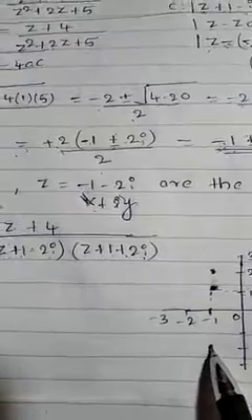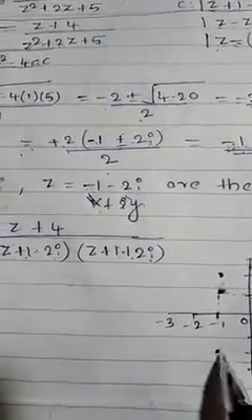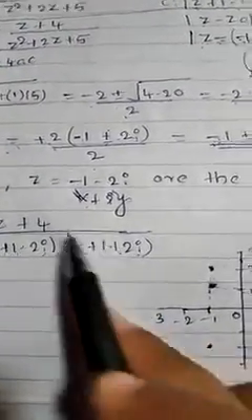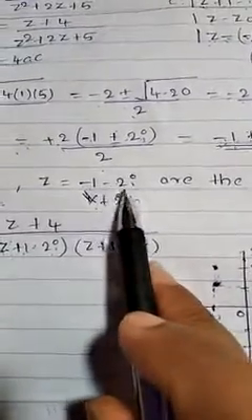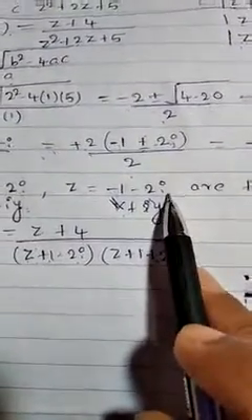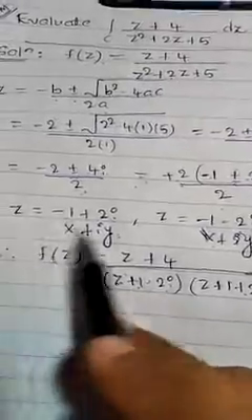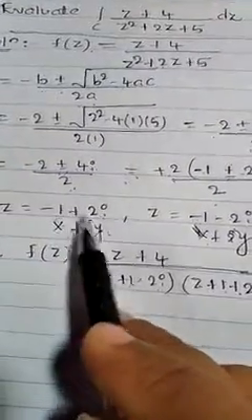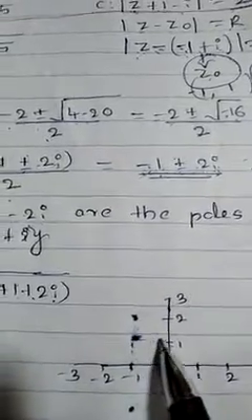Therefore there is no need to calculate the residue. Directly we write the residue at z equal to minus 1 minus 2i is equal to 0. We just need to calculate the residue at z equal to minus 1 plus 2i. Is it clear? The center is minus 1 plus 1.